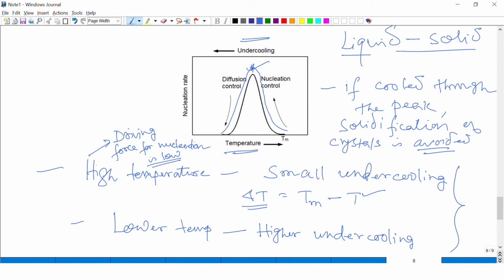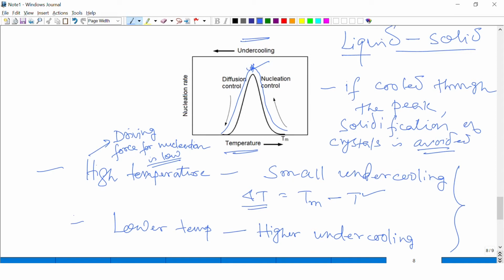Right, because we have seen that the nucleation rate is proportional to the undercooling, right, and as a result of that, high temperature conditions which lead to a small undercooling will give rise to a low driving force for the nucleation process.